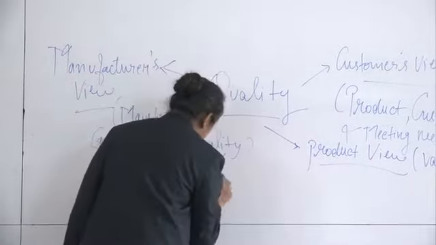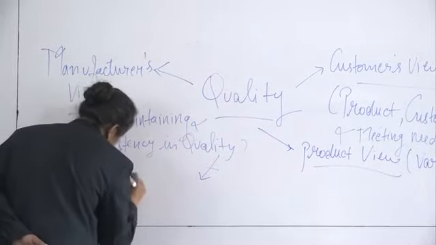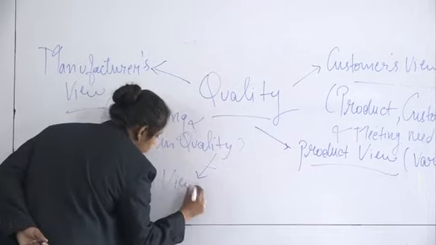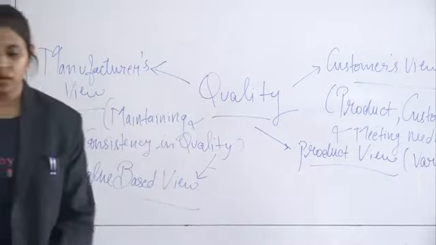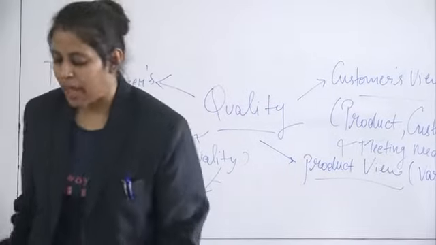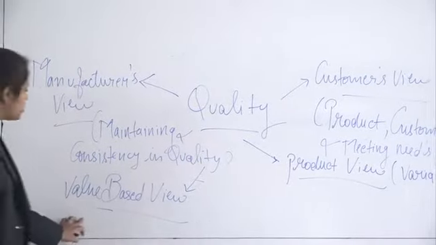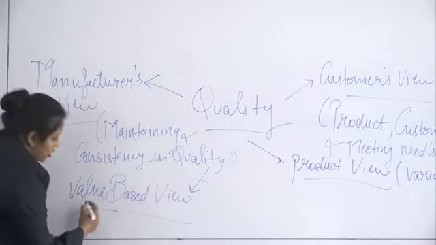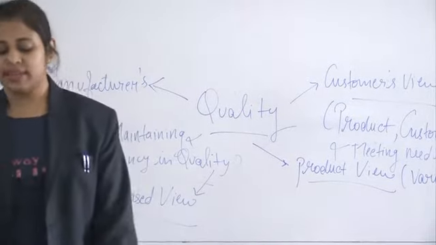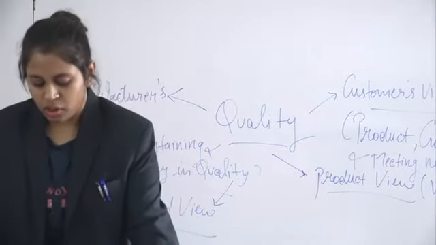The fourth one is the value based view. Each and every company has a proper balance in performance and price. So, the value based view is meeting the needs of the customer in regard to price and performance. Okay?